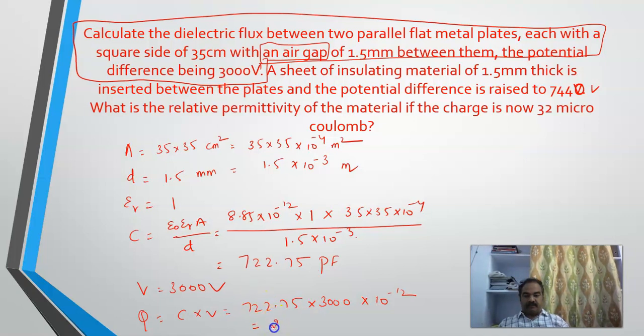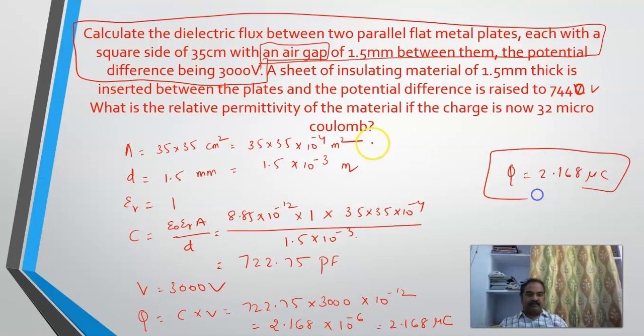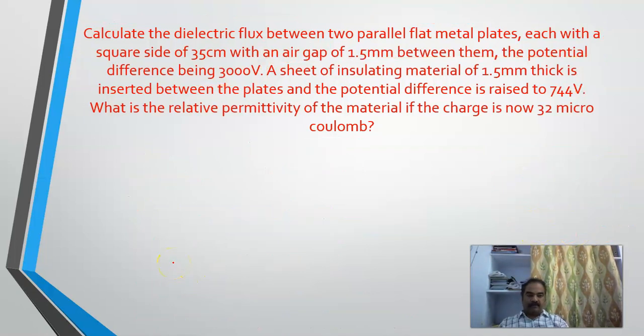You will get 2.168 into 10 to the power of minus 6. So it is 2.168 microcoulombs. So now my charge is 2.168 microcoulombs. This is for the first case. So the flux is also Q, which is nothing but 2.168 microcoulombs.